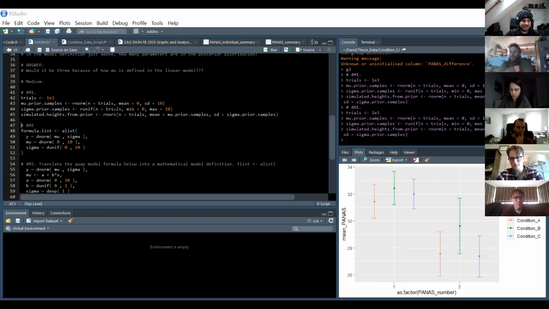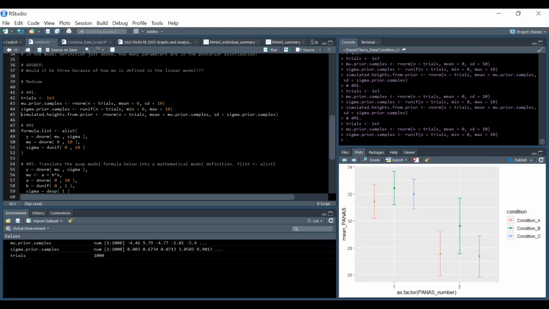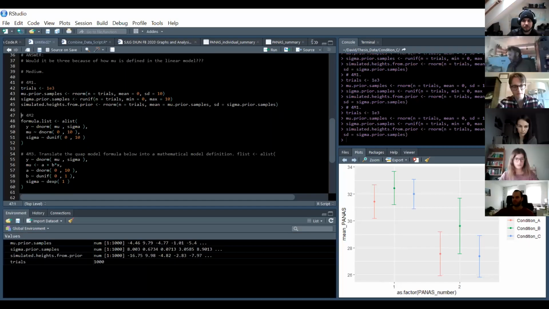I'm pretty sure medium 1 is basically just asking you to simulate a bunch of priors. So we can just run through this code here. Here we can simulate our means, simulate our actual height data. And this is what I have. Does that look right by anyone's suggestion?